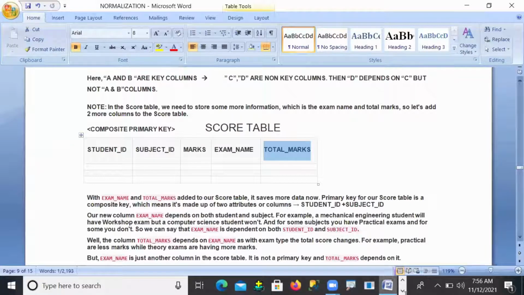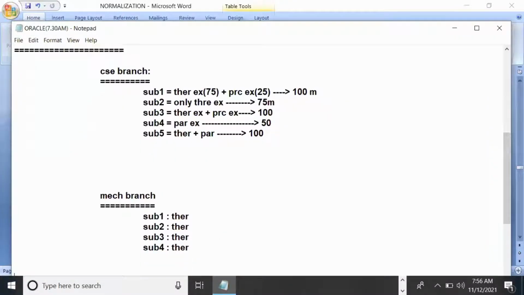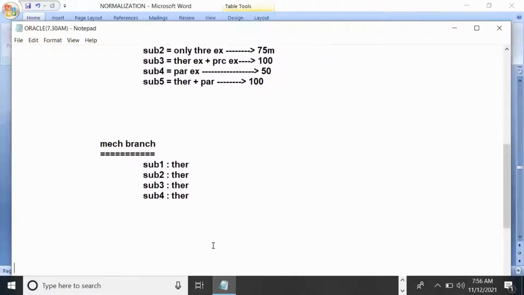For example, one more example. In Telugu states, that means Andhra and Telangana, can you tell me, guys, if any Telugu person is there, tell me. Now we have a 10th class, right? A 10th class student is having how many subjects? Generally, 6 subjects he has in 10th class.